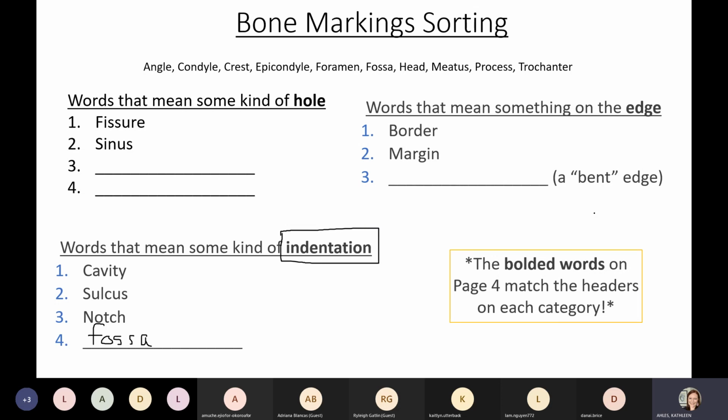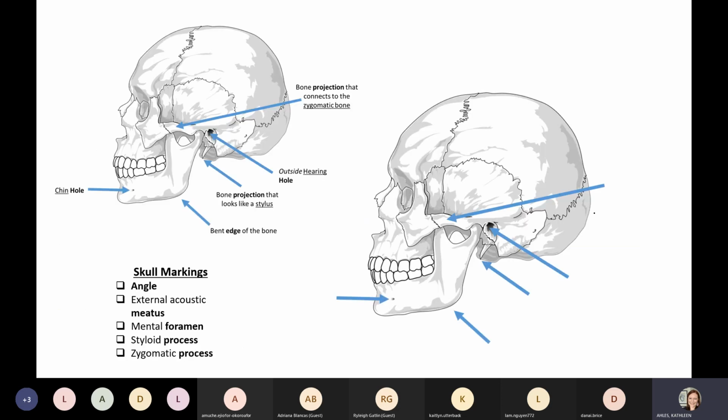You're going to use the bone markings of the skull to figure out what words go on the hole list and the edge list. I'm not going to take class time together to do that with you, but you'll do it the exact same way. So use the pictures in the guided lesson to figure out how to label each of these parts of the skull.